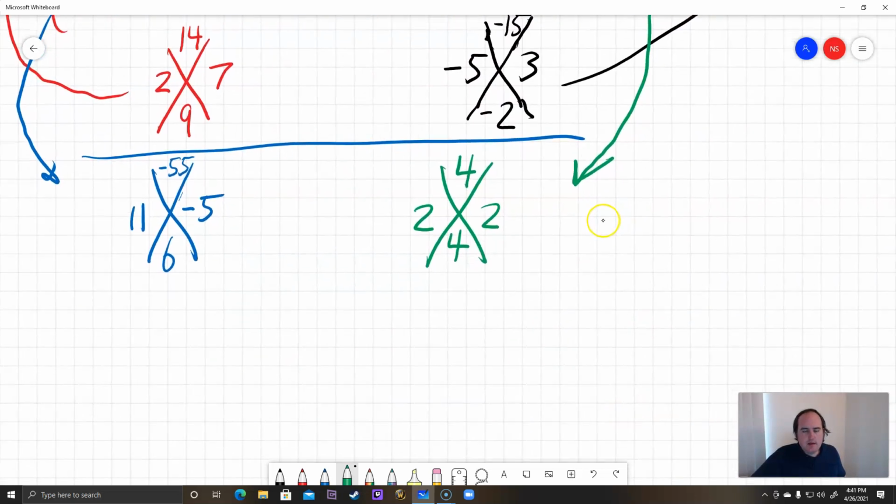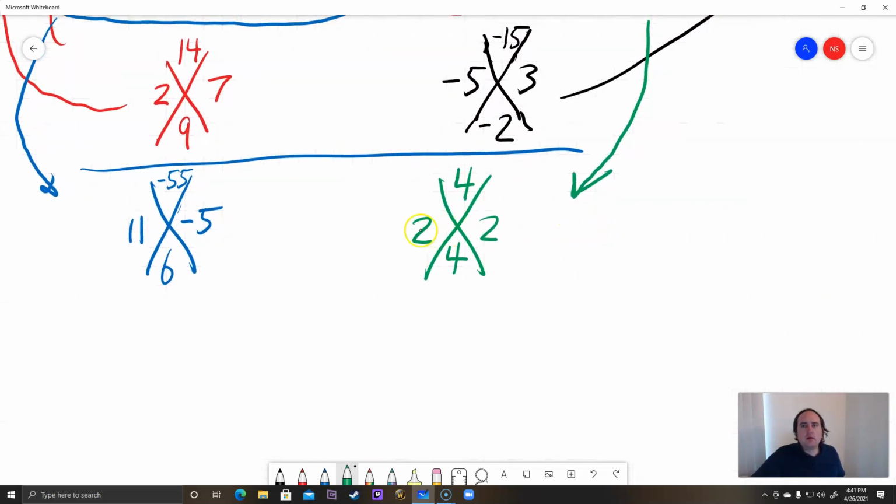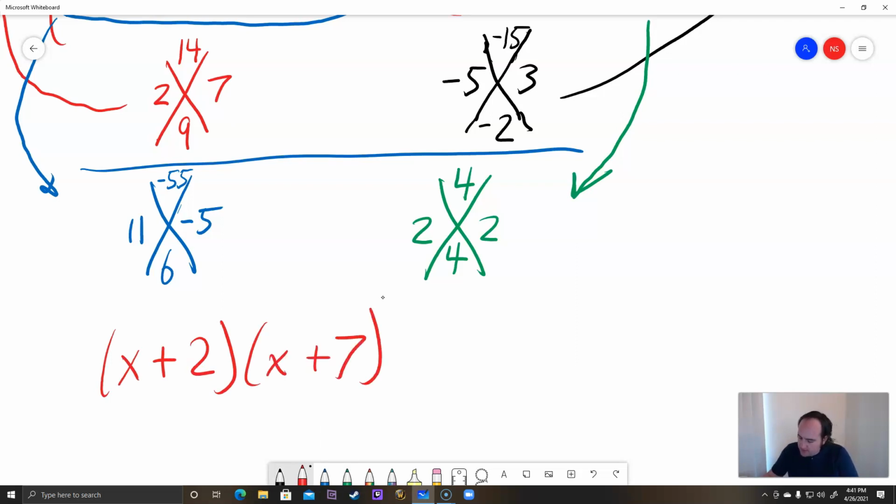Okay, and then from here, we've factored. So now we're going to go ahead and rewrite all these as things that we've factored. So for top left, we have x plus 2 times x plus 7. For top right, we're going to have x minus 5 times x plus 3.